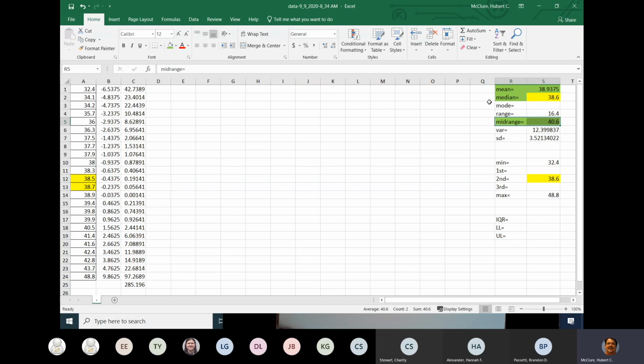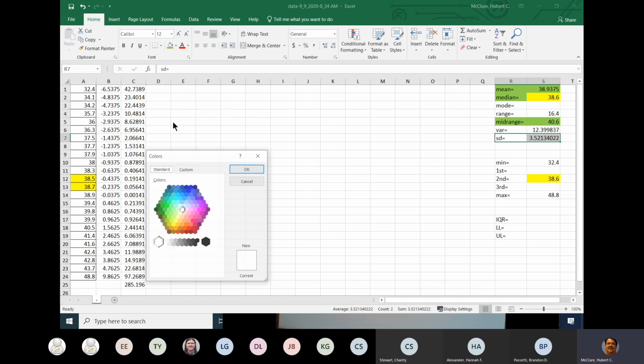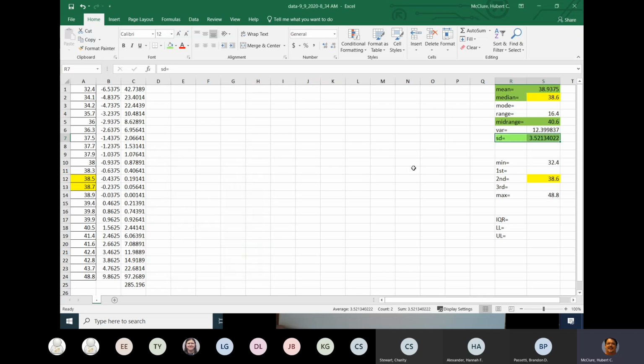So with decimals, that's pretty close. So you know you got somewhat of a normal curve as far as the way the numbers go. Standard deviation is also important. So we'll color that with a more fluorescent color. Let's go with that color. Okay.